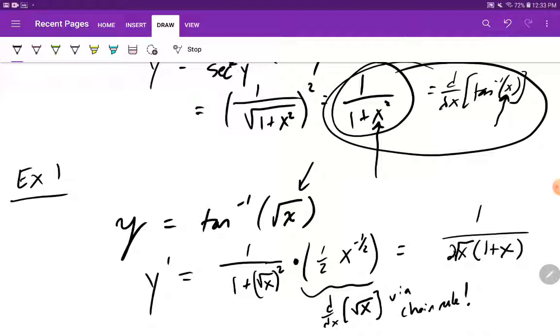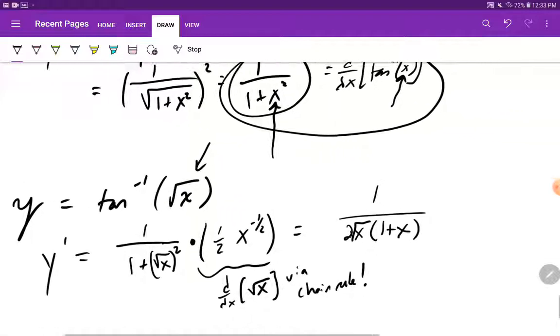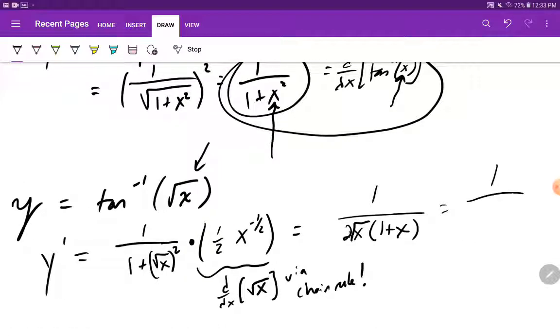And then you can simplify this even further and say 1 over 2 root x plus x to the... what is it? 1/2 plus 3/2. I'm not sure where 1/3 came from. And that's pretty much it. That's the derivative right there.